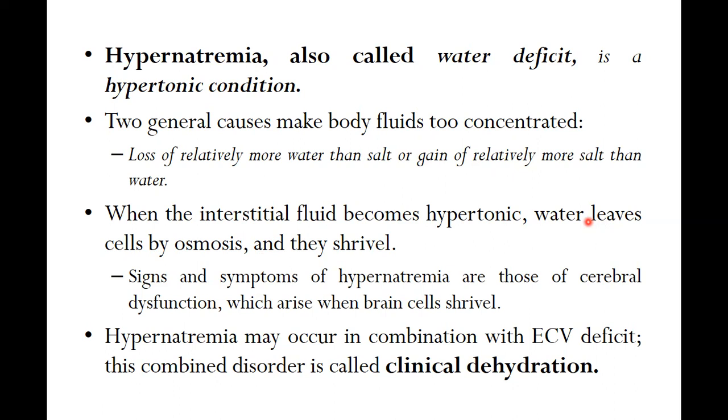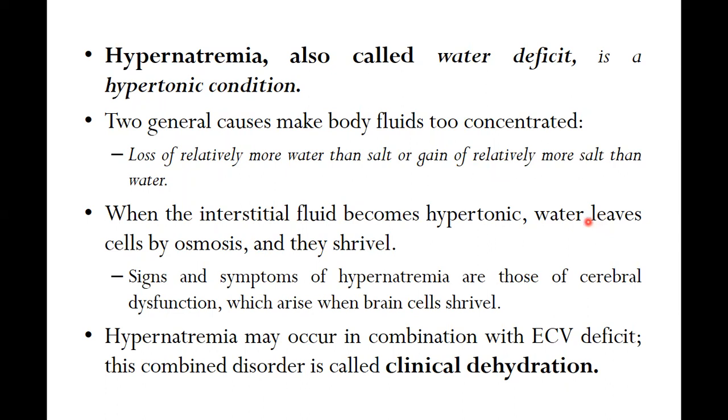Remember that water molecules will move from a dilute solution to a concentrated solution. And in this case, we're saying that the water or the fluid inside the cells is less dilute than the fluid outside the cells. The fluid outside the cell is more concentrated.